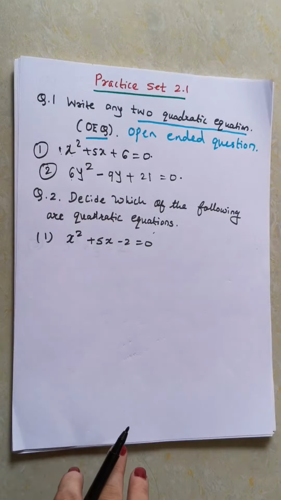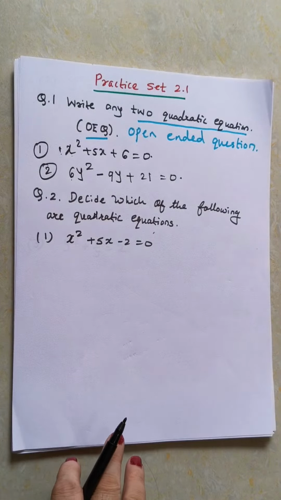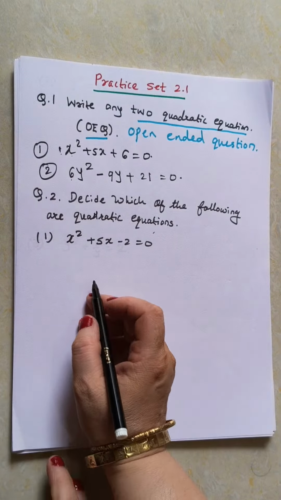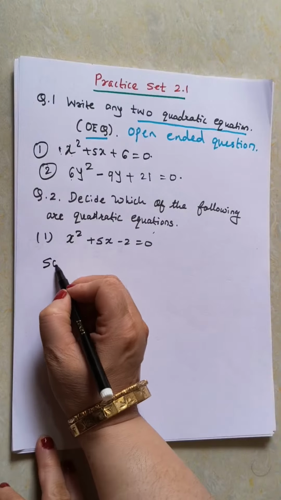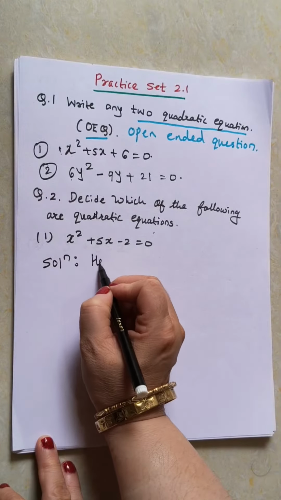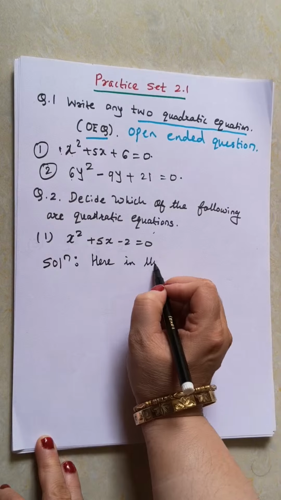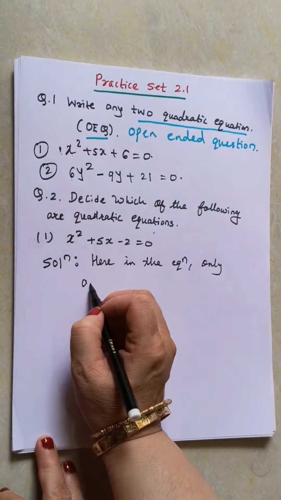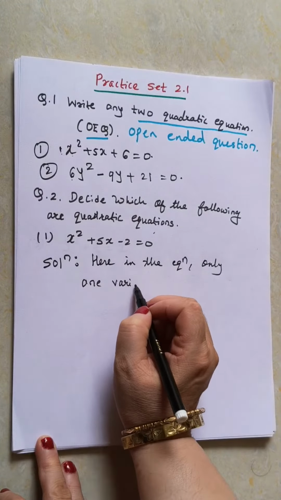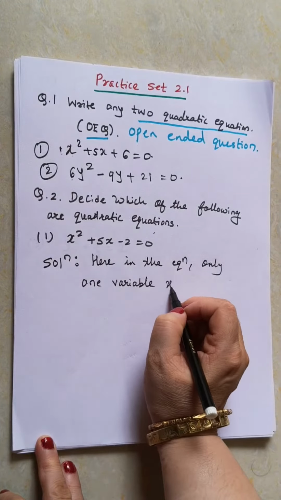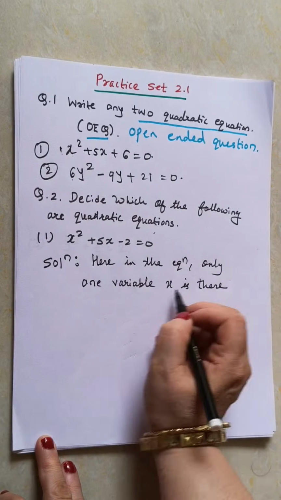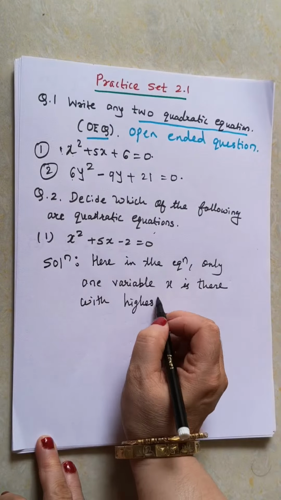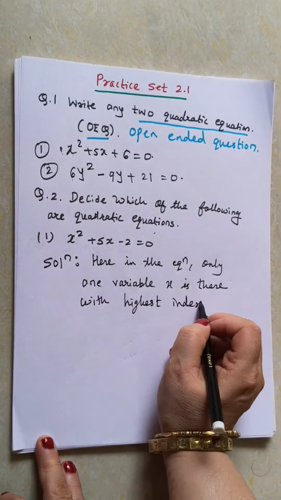So here in this equation, x is the only variable with highest index, which is 2. You can see which is the variable here. So the solution, what we will write here: in the equation only one variable x is there with highest index 2.